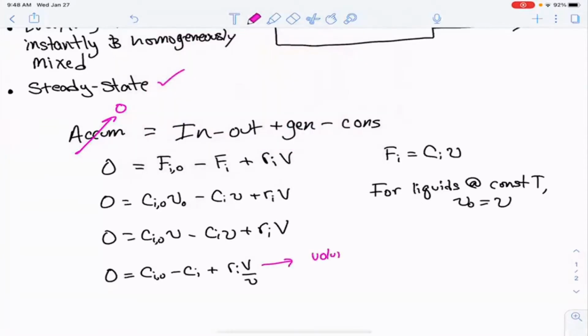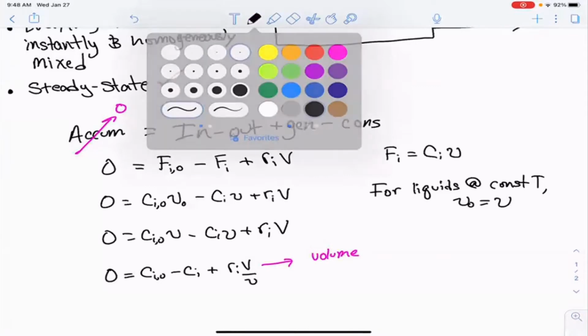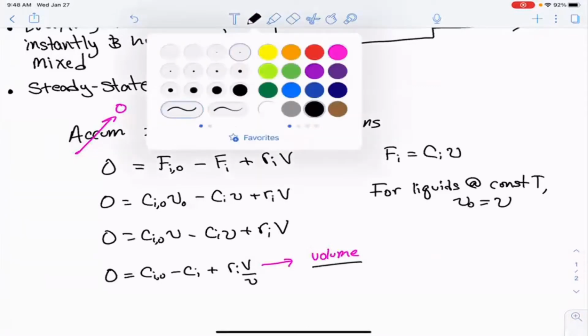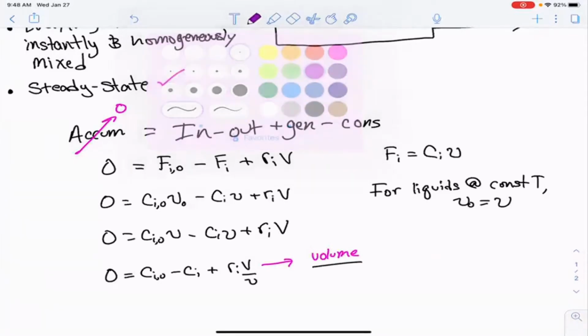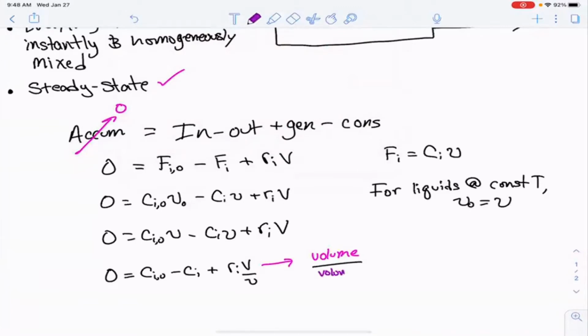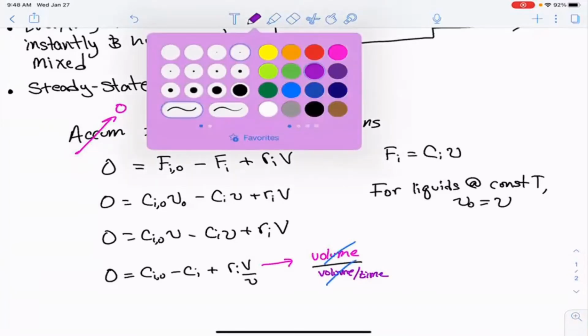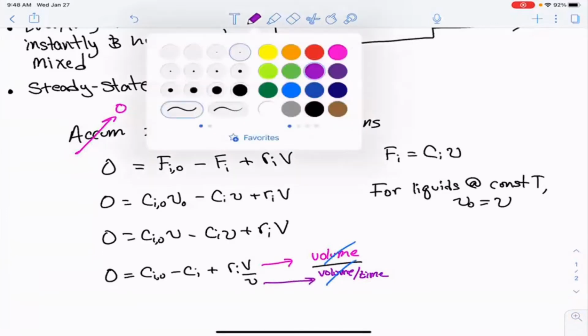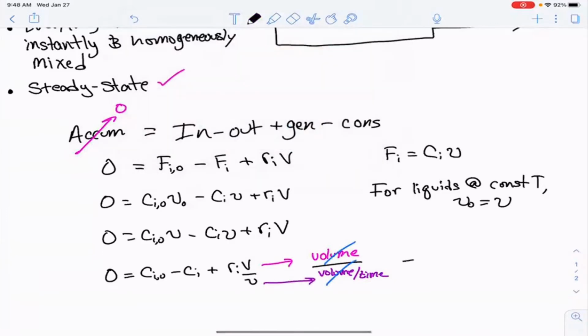So this is volume. And script V, the volumetric flow rate, has the units of volume per time. And so if you look at this, then those cancel, and you end up with these units that are essentially equal to time.